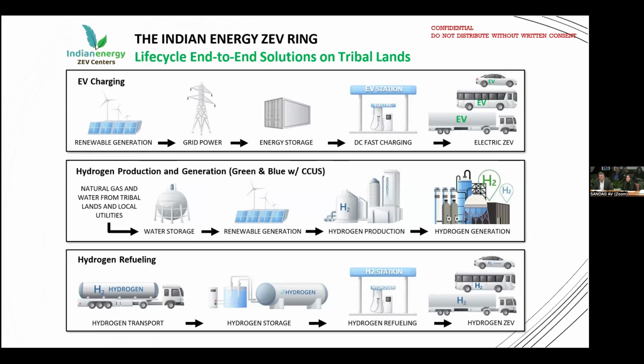The ZEV ring has end-to-end solutions, meaning that we're going to install the infrastructure to be able to deploy and transport and generate the electricity that is needed to be able to supply the capacity that's needed for the medium and heavy duty transport, as well as the production of hydrogen to be able to supply to the ZEV ring for the capacity that's needed for medium and heavy duty hydrogen trucks.